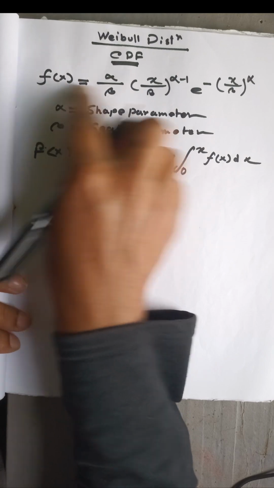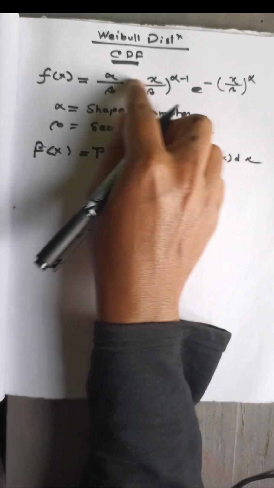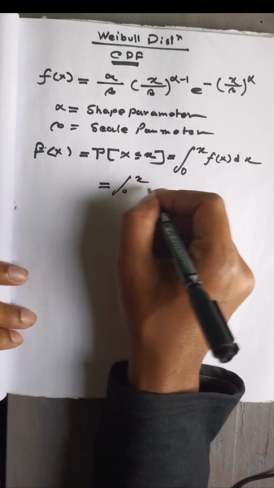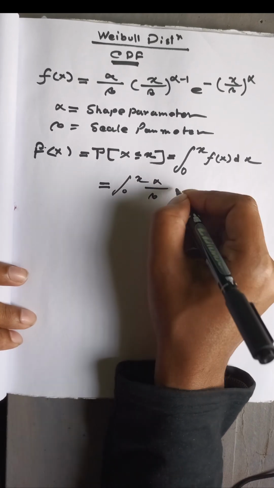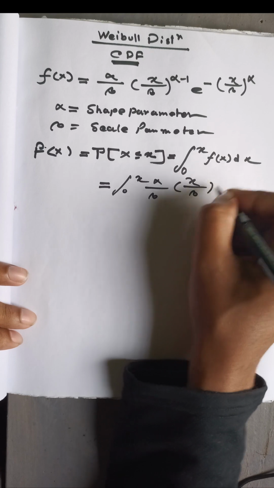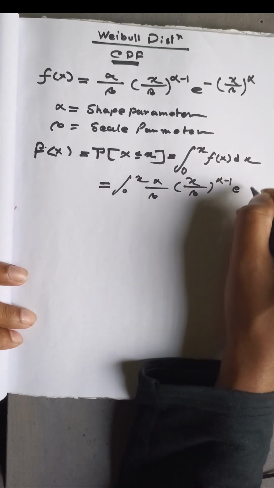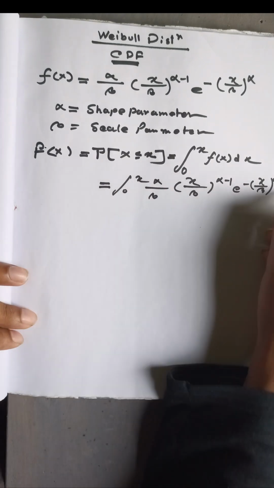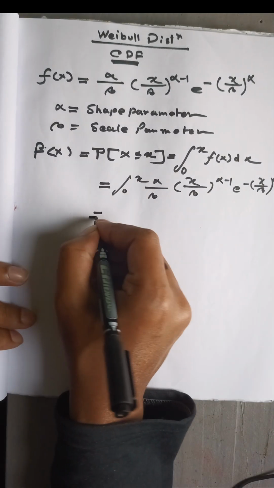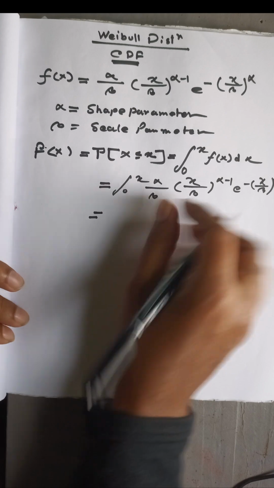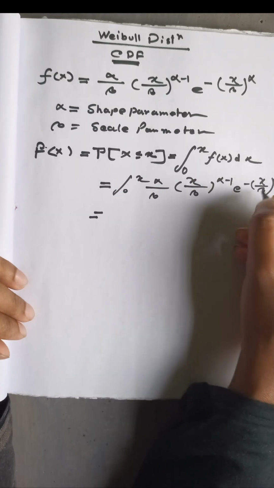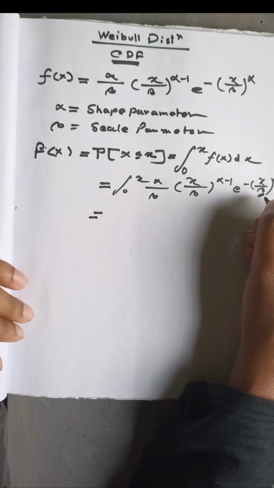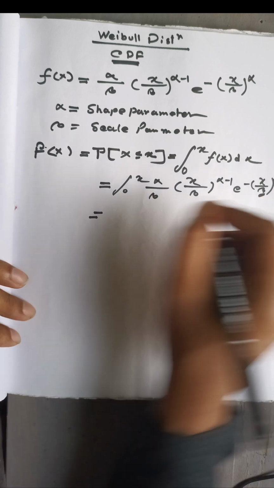We put the PDF of the Weibull distribution: integral from 0 to x of (alpha by beta)(x by beta)^(alpha minus 1) e to the power minus (x by beta)^alpha dx. See, we cannot do anything here. We have to simplify this one so that we can move further.